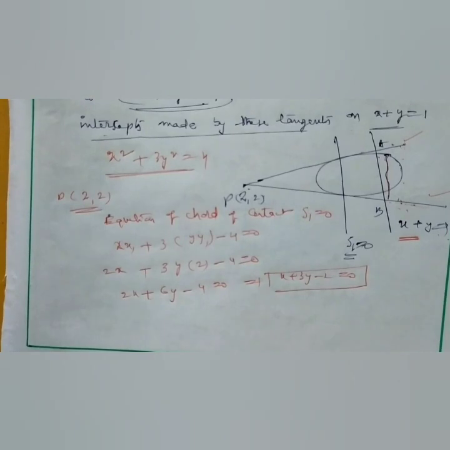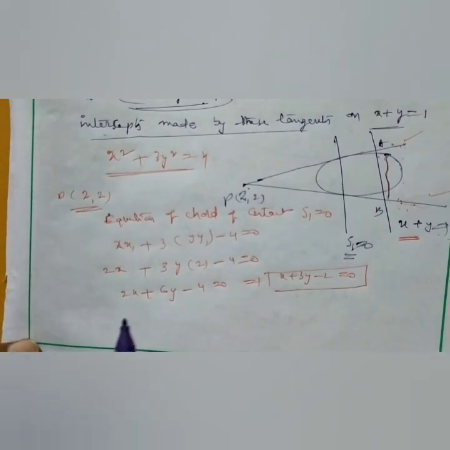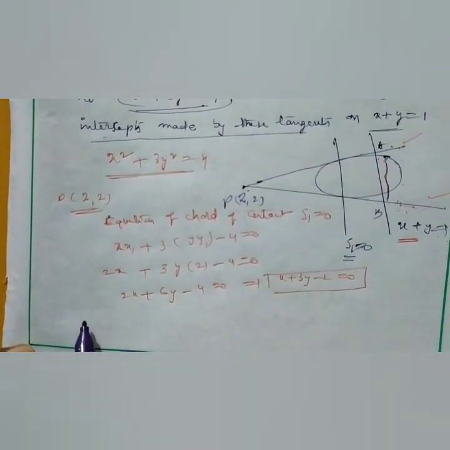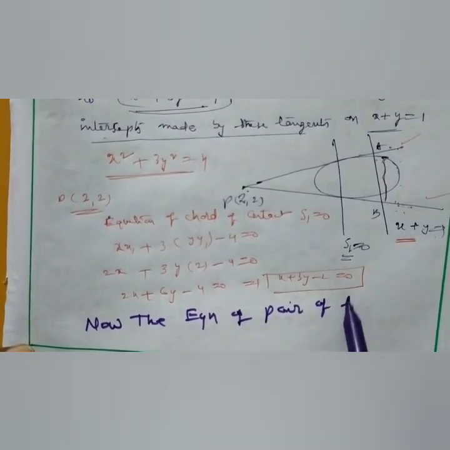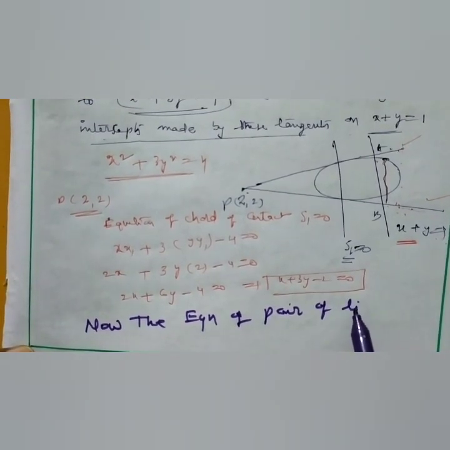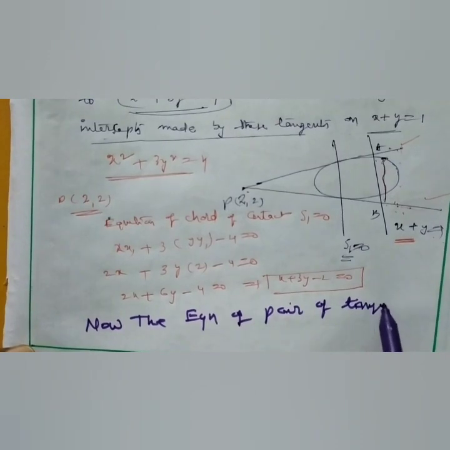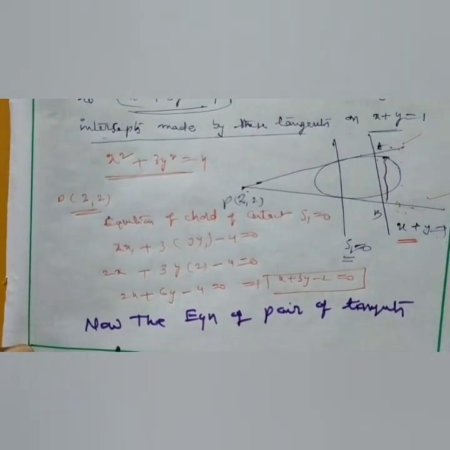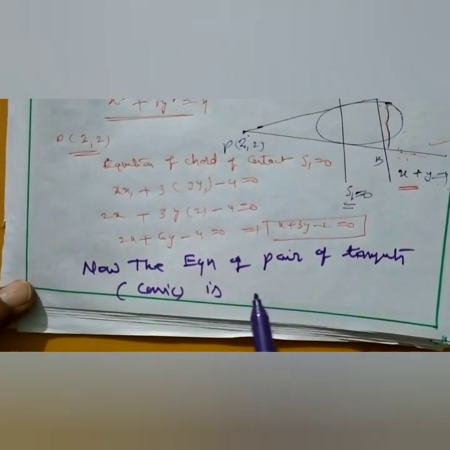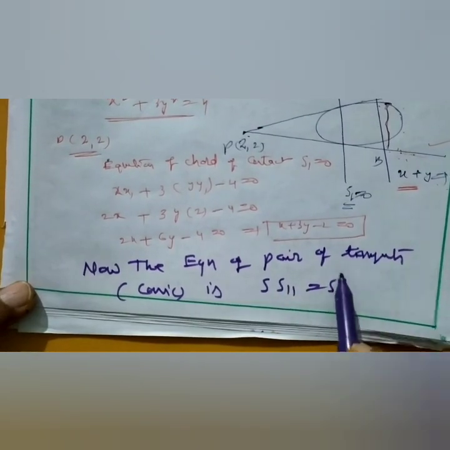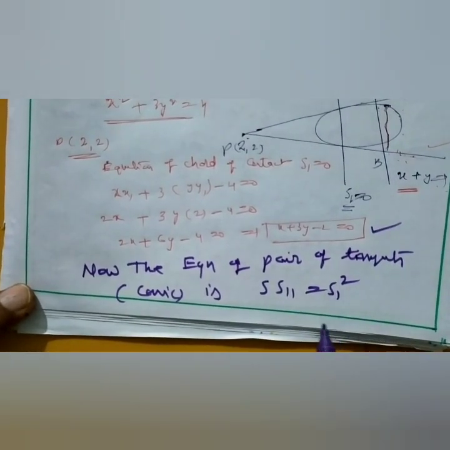The equation of the pair of lines, the PA and PB combined equation, the pair of tangents, which is considered as the conic, is S into S11 is equal to S1 square. We need S1 and also S11.